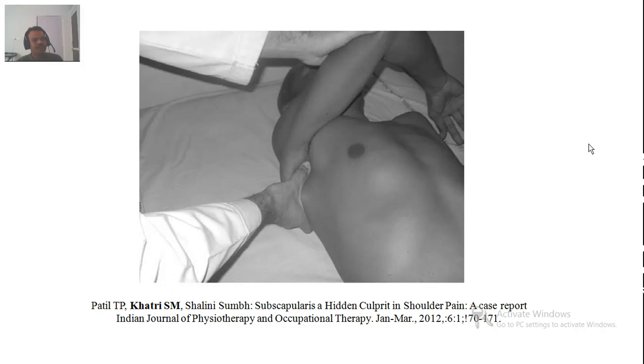If it is tight, then you can stretch it. And if you find a tender spot, then you can think about using the ischemic compression technique. So you have three options: ischemic compression technique, maybe effleurage, and stretching, depending on the pathology at the subscapularis muscle, that is spasm, tightness, or just a tender spot, otherwise a trigger point.